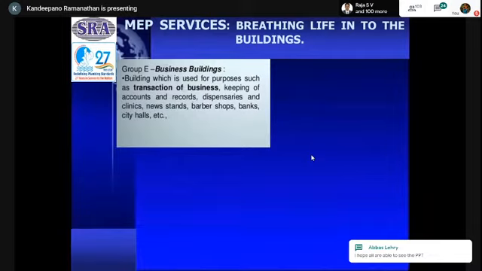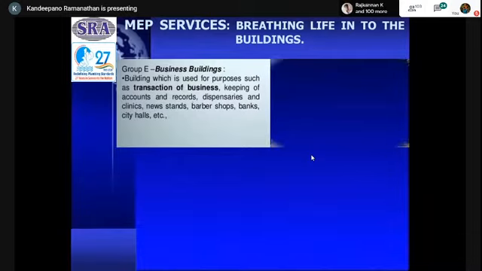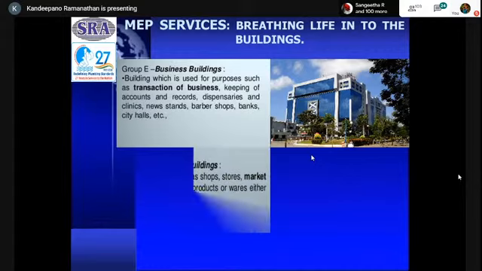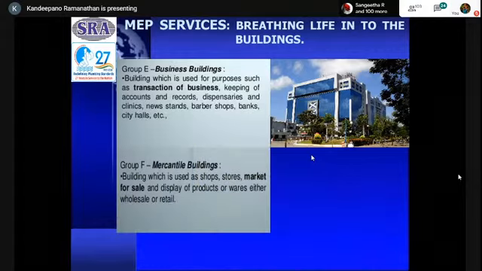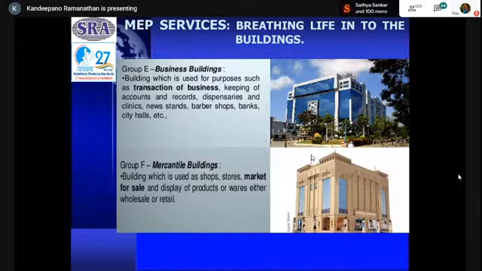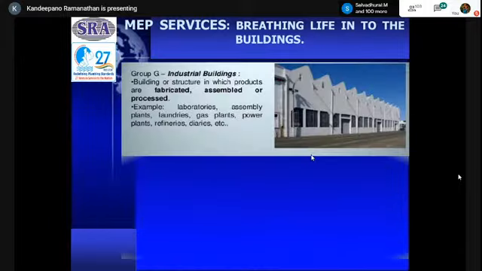Then business buildings: offices and similar places where business is done, like a bank, halls, etc. Then mercantile buildings. This is where shopping complexes and individual big shops, where retailing is done, are called mercantile buildings.